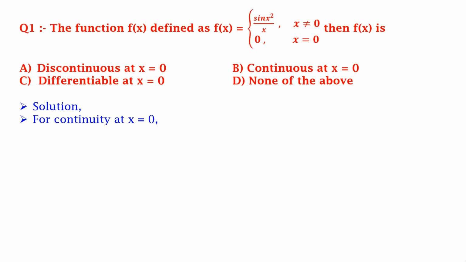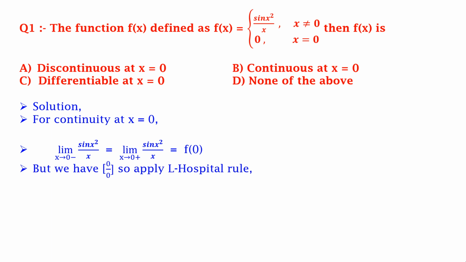Solution. For continuity at x = 0, we know the left hand limit, that is limit x tends to 0⁻ of sin(x²)/x, is equal to the right hand limit, limit x tends to 0⁺ of sin(x²)/x, is equal to the value of the function at that point, that is f(0).